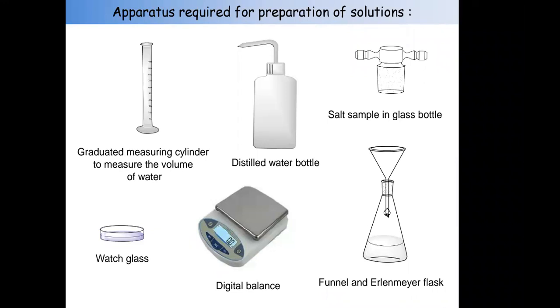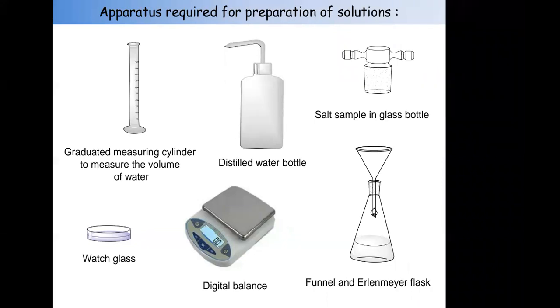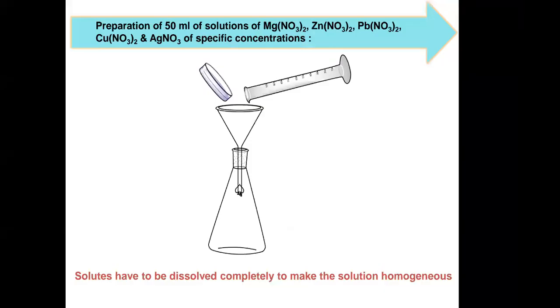Now, with the help of digital balance, watch glass and spatula, spatula is a spoon type of thing, we have to weigh the exact amount of the nitrate salt in each case, whatever we have calculated as we saw in the previous slide, in a watch glass.